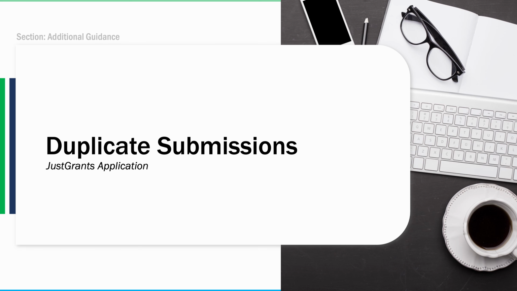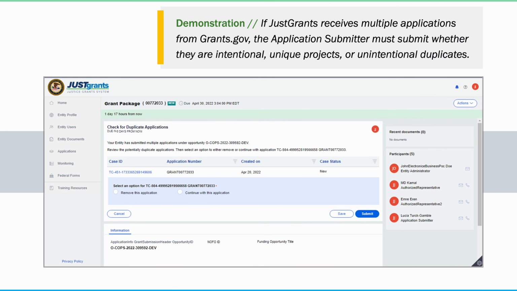While it is possible for an entity to apply for the same funding opportunity twice with different projects, it is also possible for duplicate application submissions to appear in JustGrants in error. JustGrants supports the creation of multiple applications for unique projects under the NOFO when allowed by the specific NOFO.